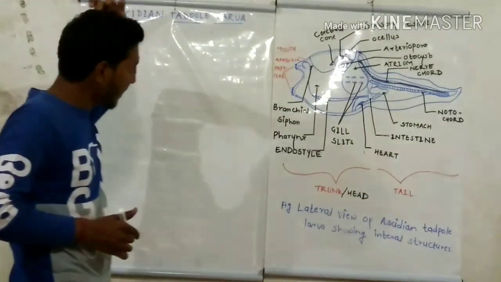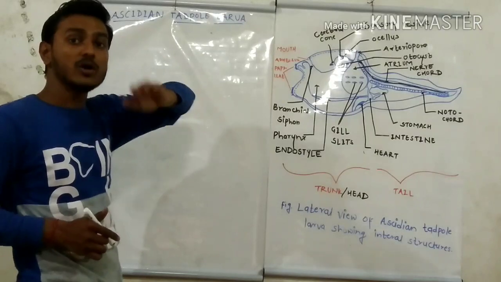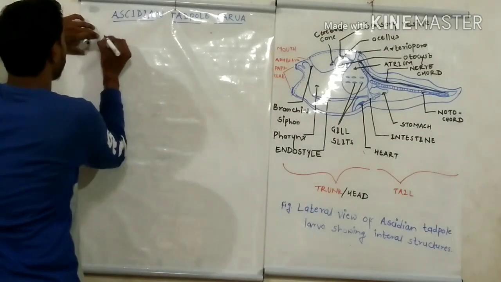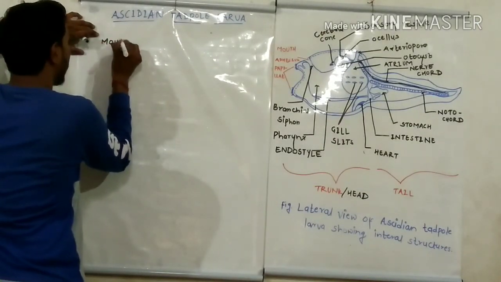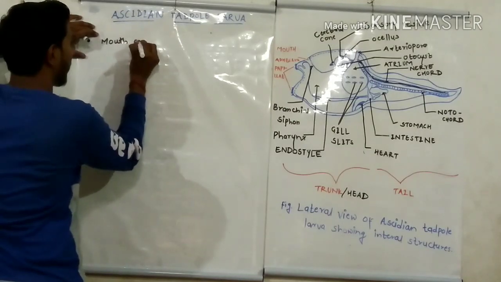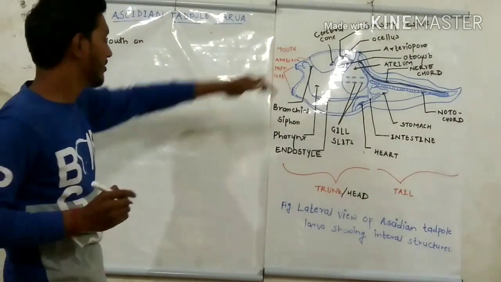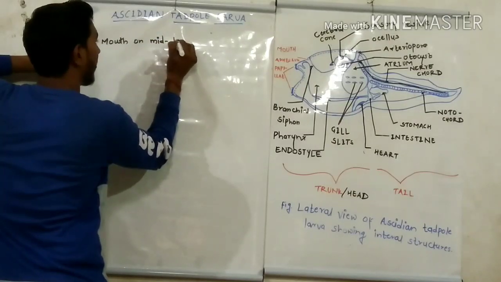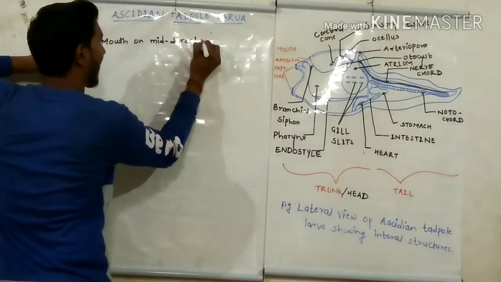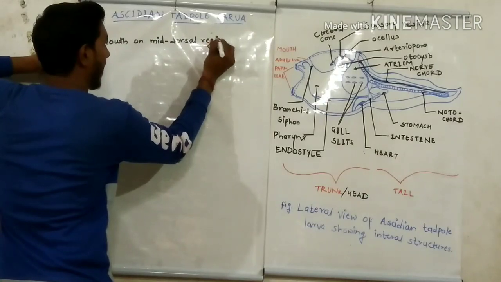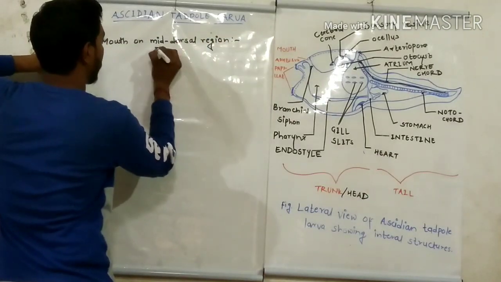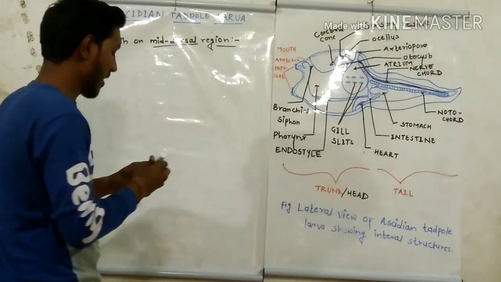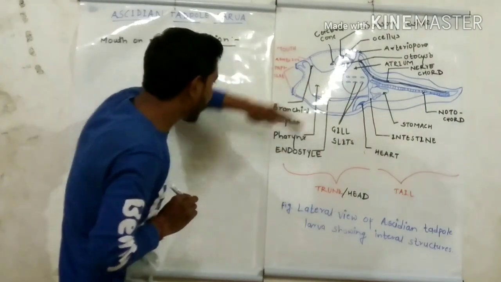For the digestive system there is the mouth on its dorsal side, on the mid dorsal region, and the mouth leads to the branchial siphon.